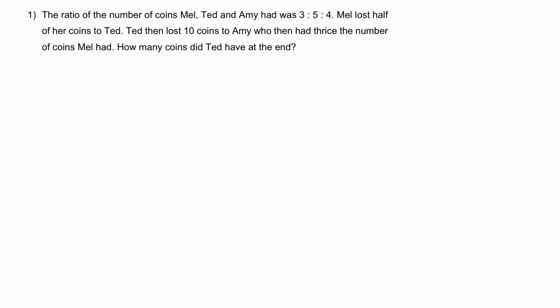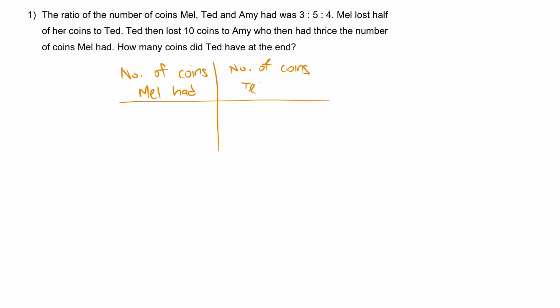Since this is a ratio question, we're going to use a ratio table. So number of coins Mel had, to number of coins Ted had, and last, number of coins Amy had.